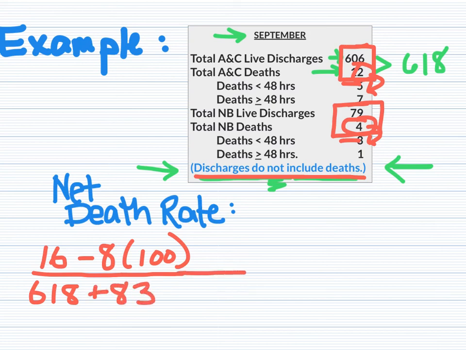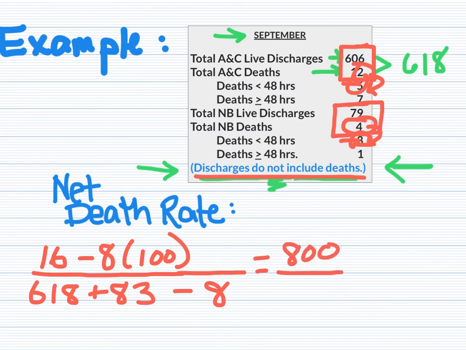Then we continue down here, minus the number of deaths under 48 hours. So here we had 3 and 5, so that's 8. When we work this out, 16 minus 8 is 8 times 100 is 800.